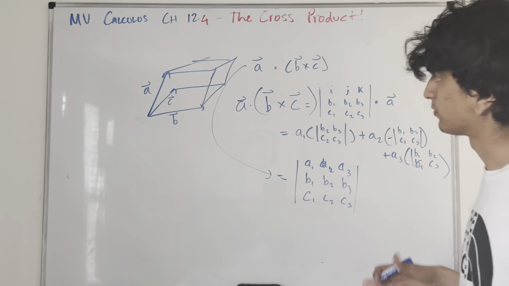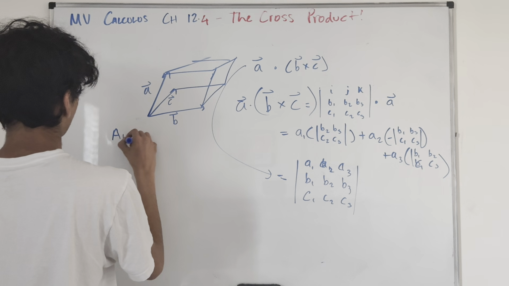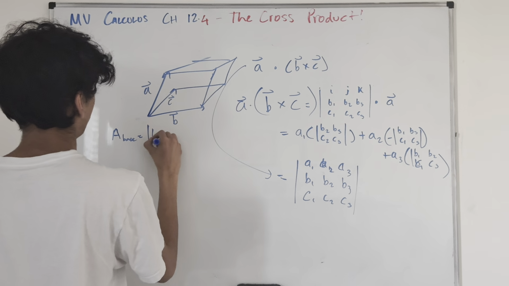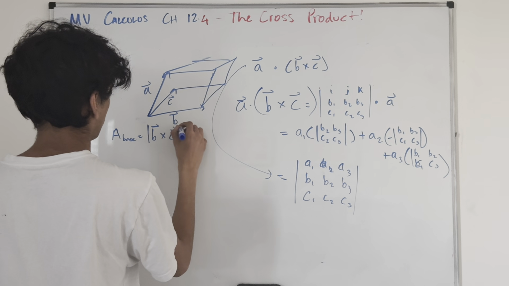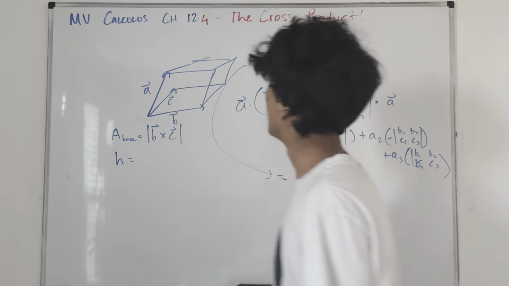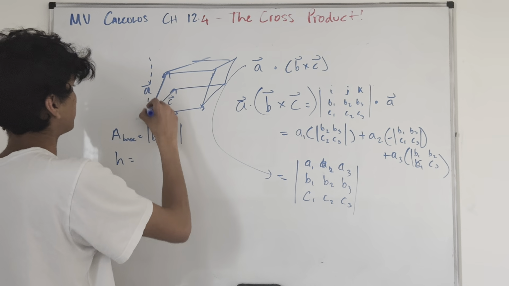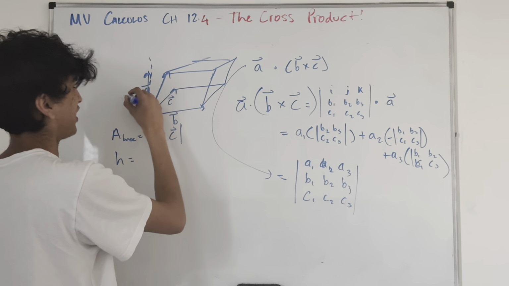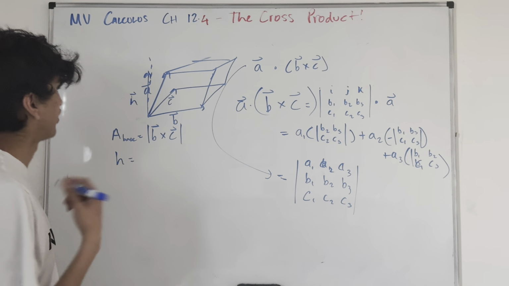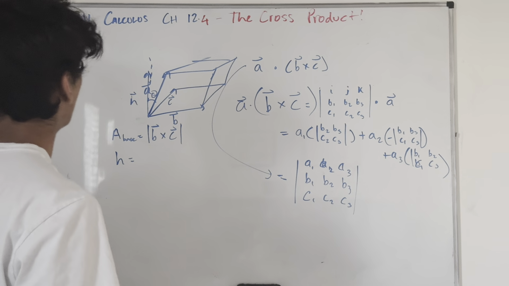So the area of the base is going to equal the magnitude of B cross C, because this is a parallelogram. And the height, well, if you think about this angle theta right here, if I draw my height, this is an angle theta.